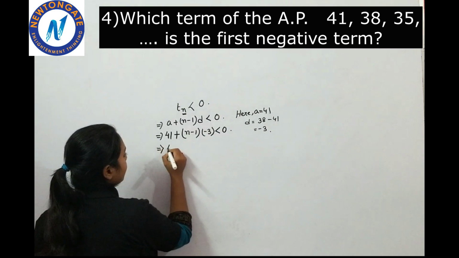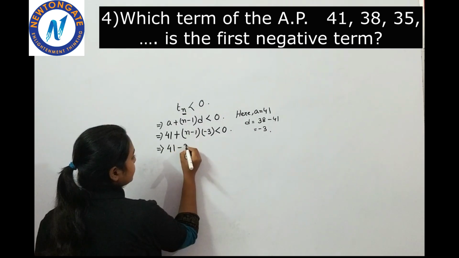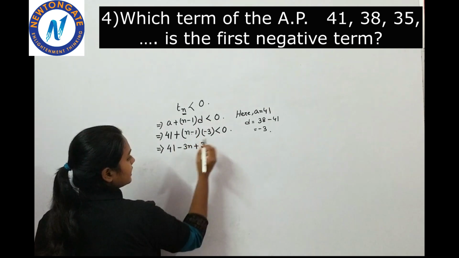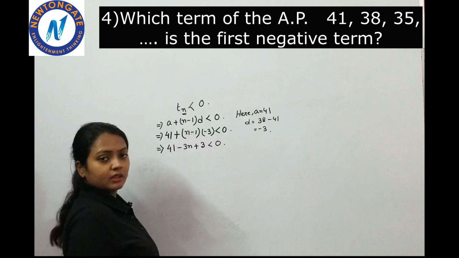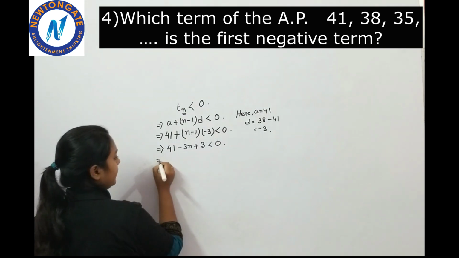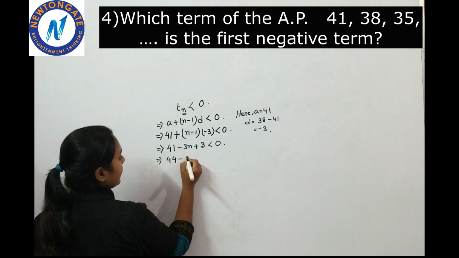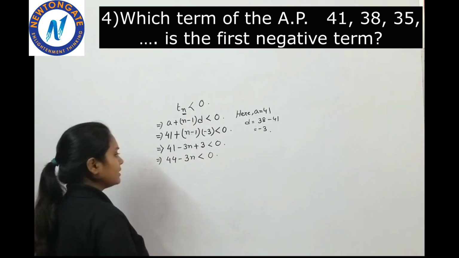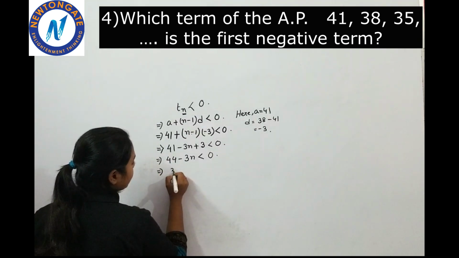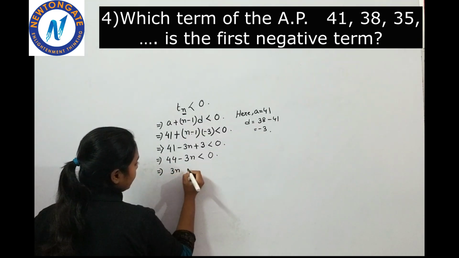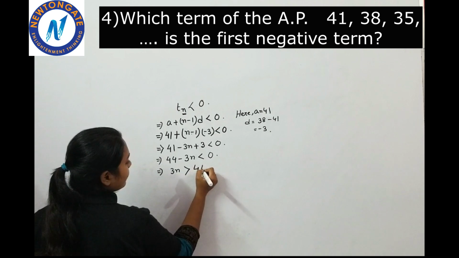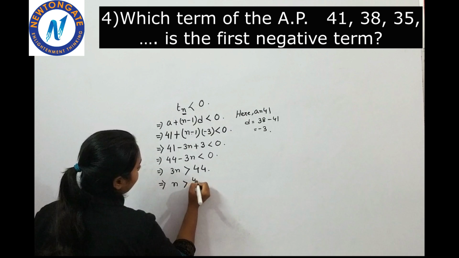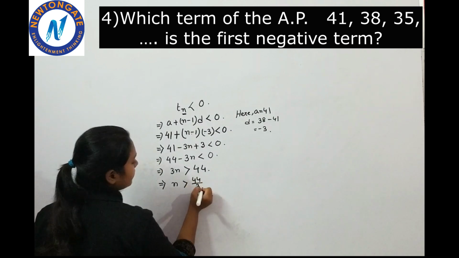Then 41 minus 3n plus 3 less than 0. Then 44 minus 3n less than 0. Then we will get 3n greater than 44, and n greater than 44 by 3.